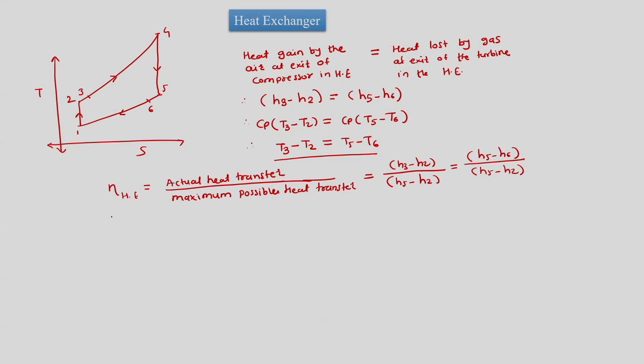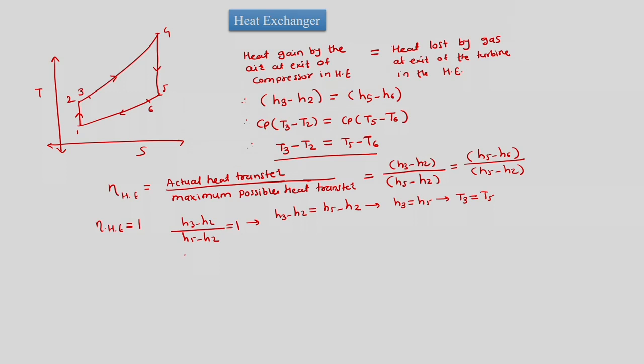Now let us consider an ideal heat exchanger having effectiveness 1. So we can mention H3 minus H2 divided by H5 minus H2 is equal to 1, and this leads to H3 minus H2 is equal to H5 minus H2. So H3 is equal to H5, or practically T3 is equal to T5.